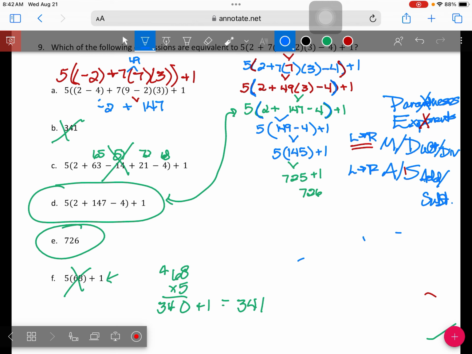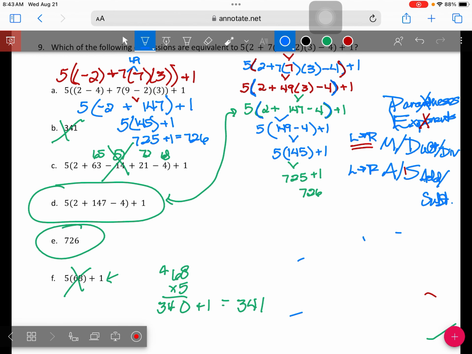I'm kind of going up and down here. Plus negative 2 times 5 and plus 1. Negative 2 plus 147 is 145. Times 5 plus 1. What is 145 times 5? Ooh, 725 plus 1, 726. Oh my gosh.